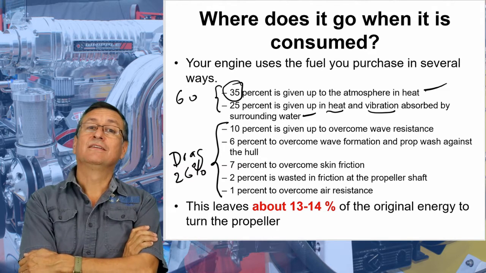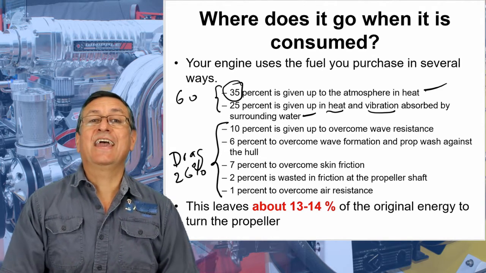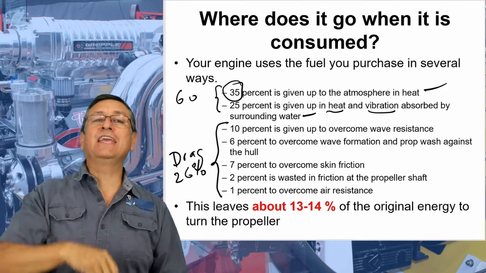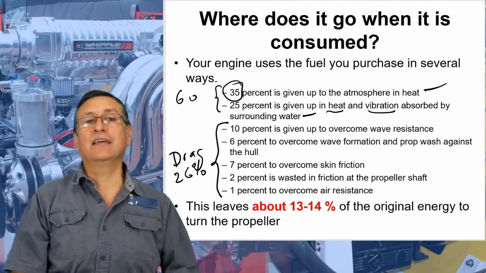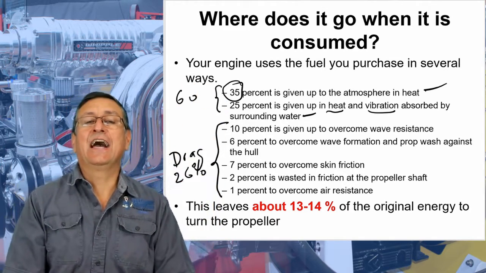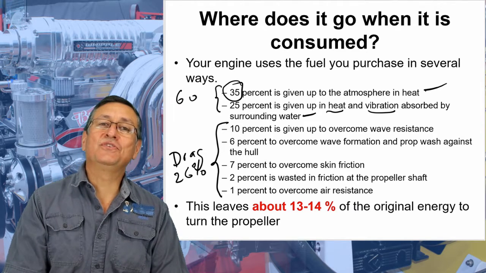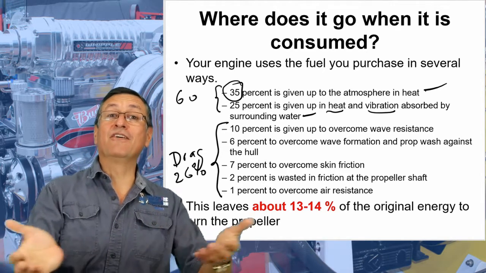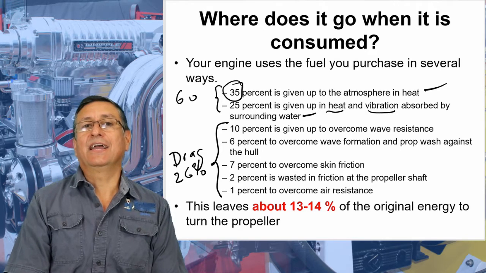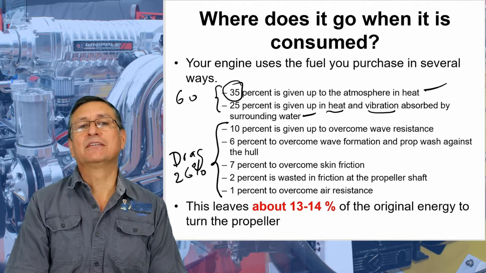A little, no? My friends, 85% of the money that you put in the fuel tank is bye-bye, and only 14% is used to produce the movement of the boat. No? A lot of money in the garbage.